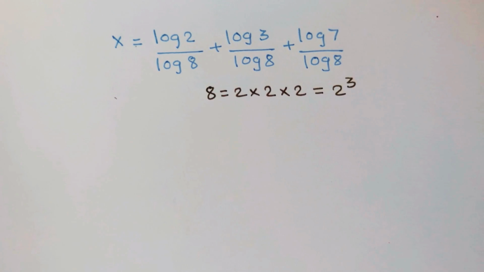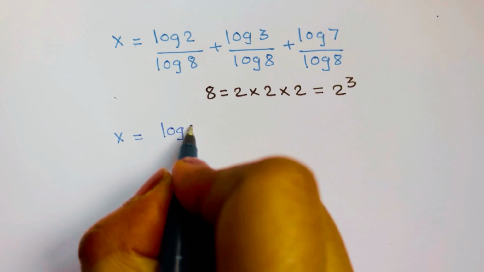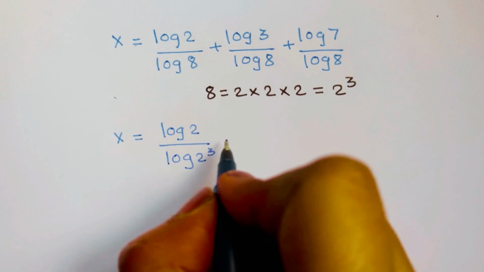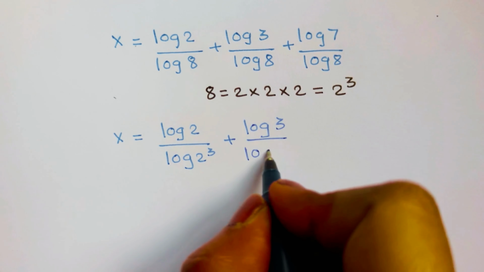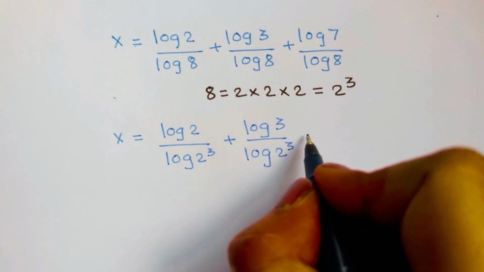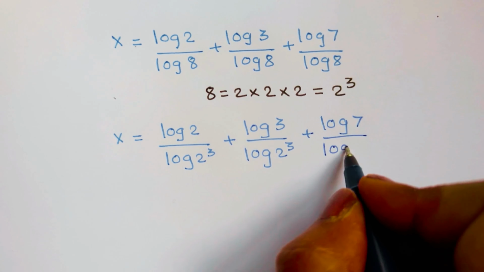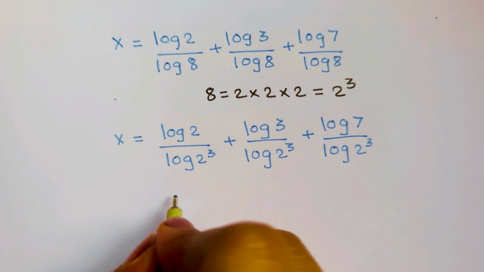So let us use this 2 to the power 3 in all the denominators on the right hand side. x is equal to log 2 divided by log 2 to the power 3 plus log 3 divided by log 2 to the power 3 plus log 7 divided by log 2 to the power 3.